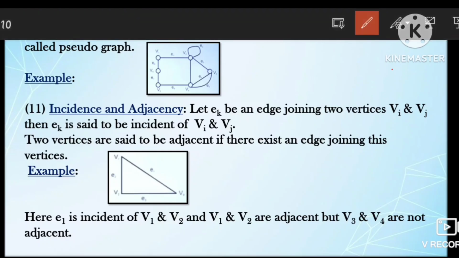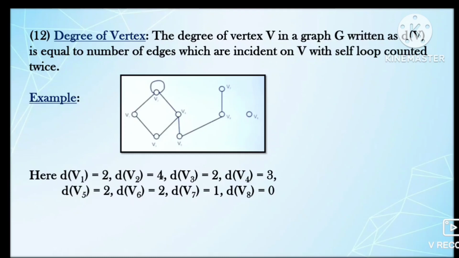You can see here that this is the V1 vertex and this is the V2 vertex, so they are joined by the E1 edge. So E1 is called the incident of V1 and V2, and V1 and V2 are adjacent but V3 and V4 are not adjacent.